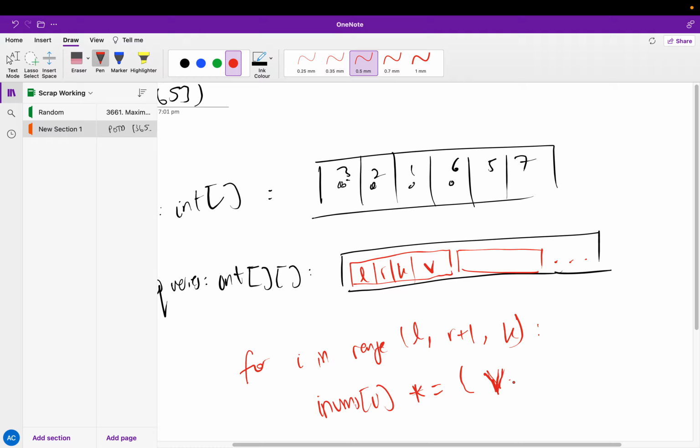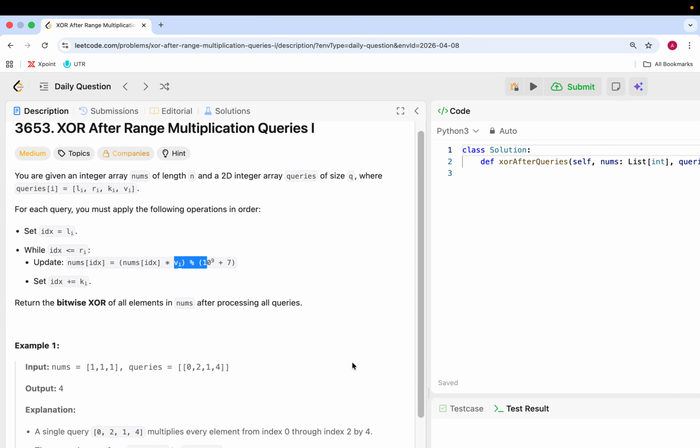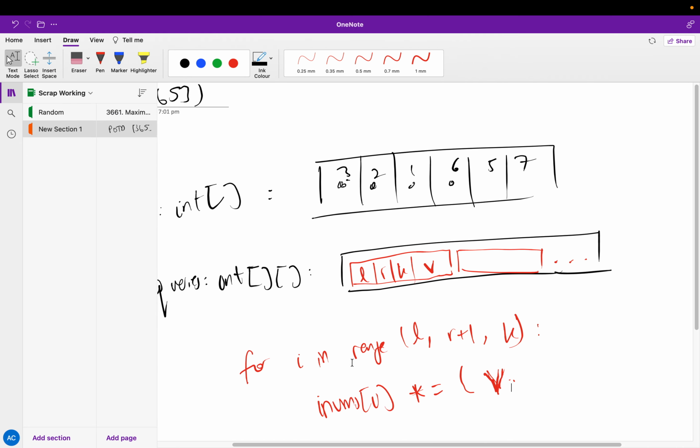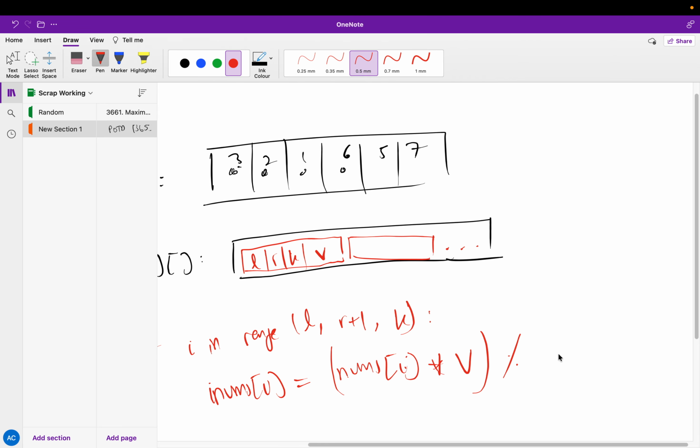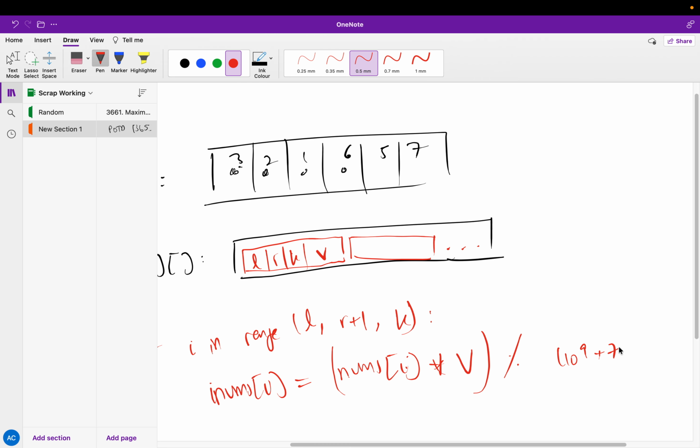but modded as well, don't I? Hang on. So this thing is equal to the original nums at i, multiplied by the v value, whole thing modded with the mod, 10 to the 9 plus 7.